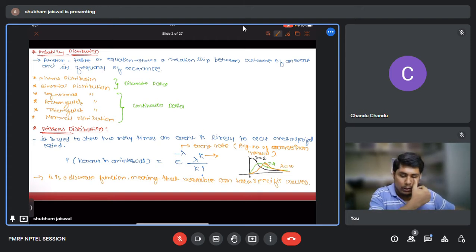As we can see from this figure, as lambda increases, the distribution gets close to the normal distribution.